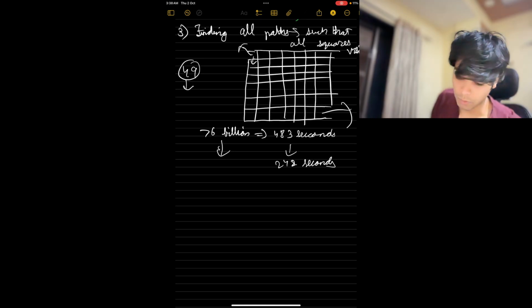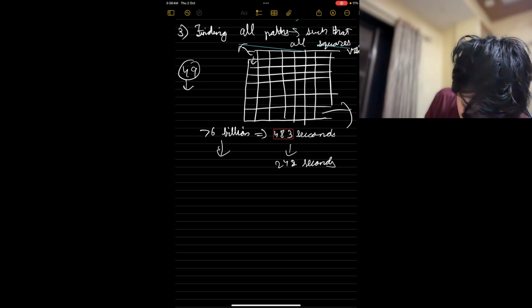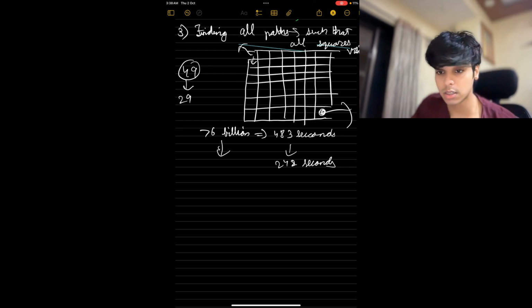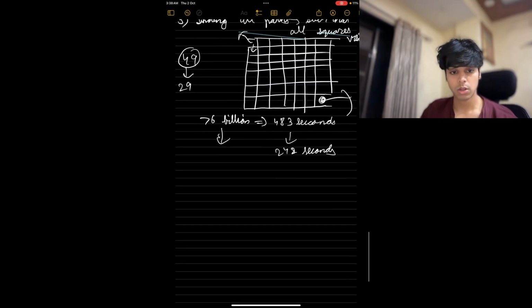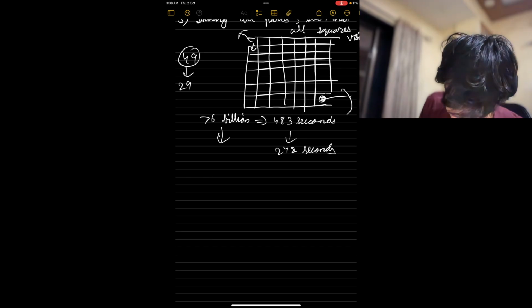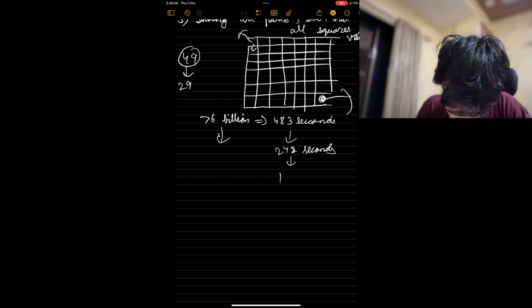If the number of squares visited is less than 49, suppose 29, and I've already visited the square, after visiting it I can't visit it again. Then at my 29th square, I can't exit after visiting all the squares. That's an error too. So we backtrack, we prune the search. This further reduces the time to 119 seconds.